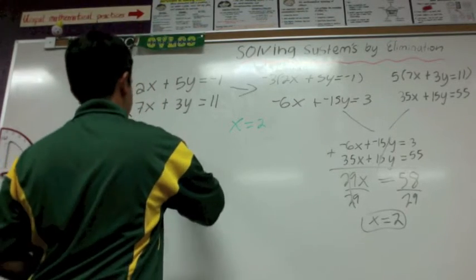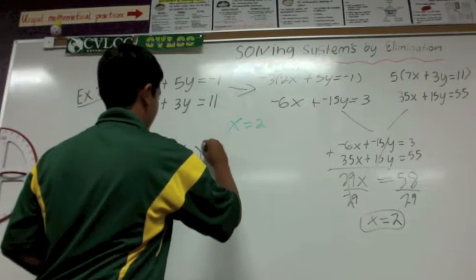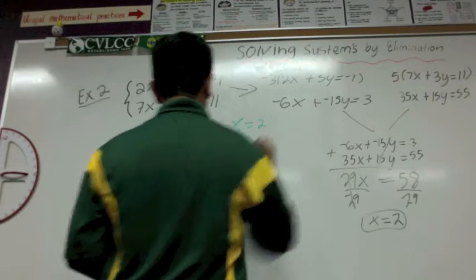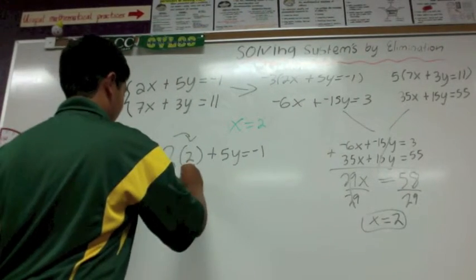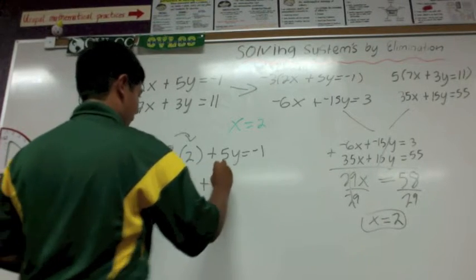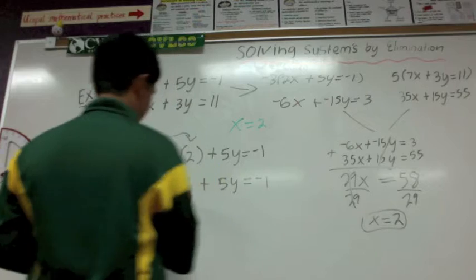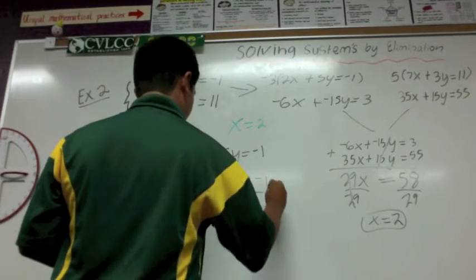So 2 times 2 plus 5y is equal to -1. So we're going to multiply 2 times 2, which is equal to 4, plus 5y is equal to -1. So we're going to subtract 4 from both sides.